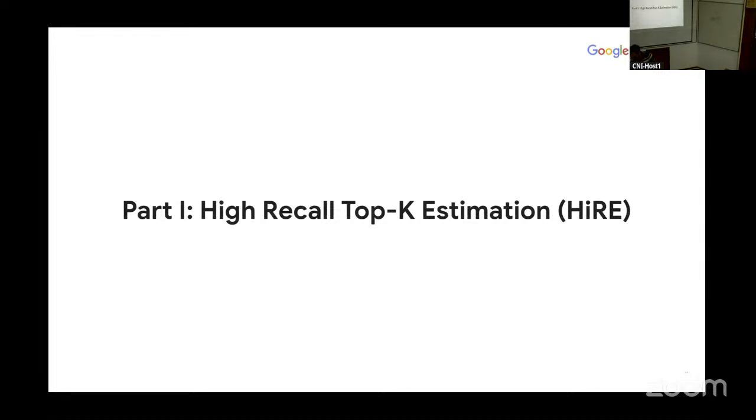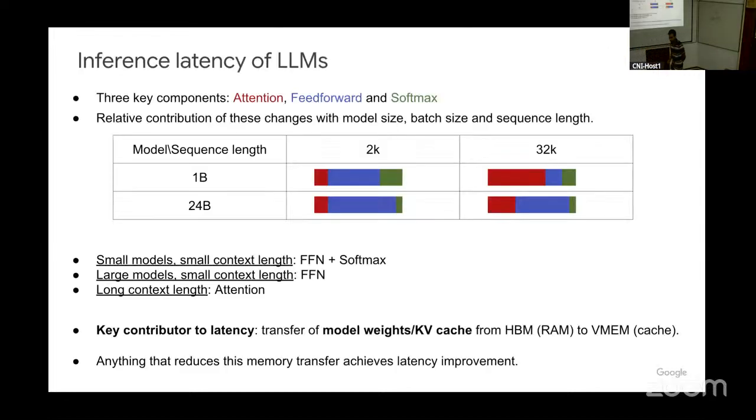So the first part is HiRE. Referring back to one of the questions earlier, depending on the model size and the sequence length, different layers contribute different amounts of latency. Attention is in red, feedforward is in blue, and softmax is in green. It does depend on the settings, and also on the batch size you're using.